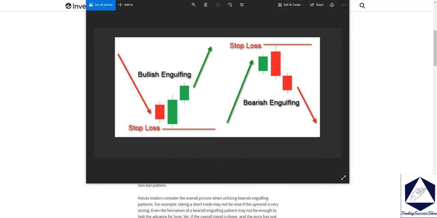All right, we have this red candle, and look at what happened to the green candle. Boom, we covered this candle. So this candle, we don't see this candle no more, and guess what? We are moving higher and higher and higher. That is bullish engulfing.